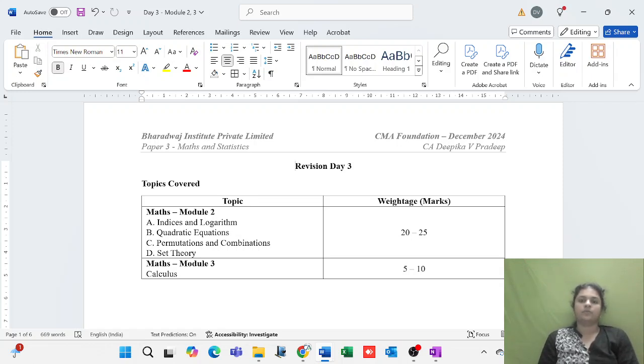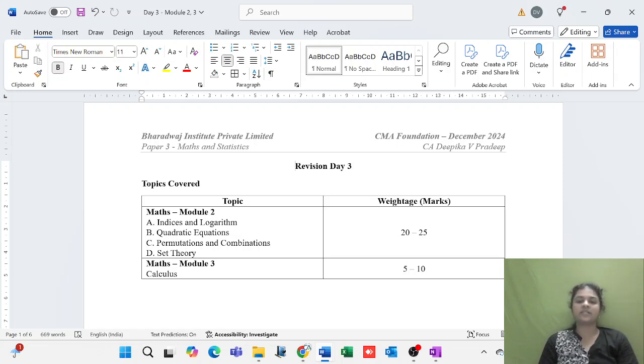Tomorrow will be our last day of revision, where we will complete the balance topics on statistics, correlation, regression and probability, which I believe are module 6 and module 7. Tomorrow I'll meet you at 8 a.m. and we will complete the 2 remaining chapters in statistics.